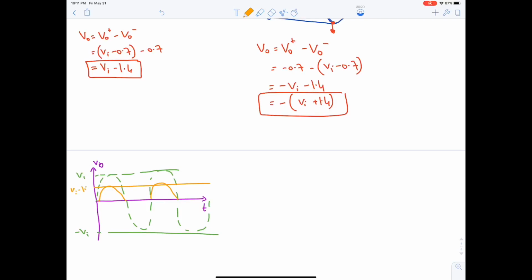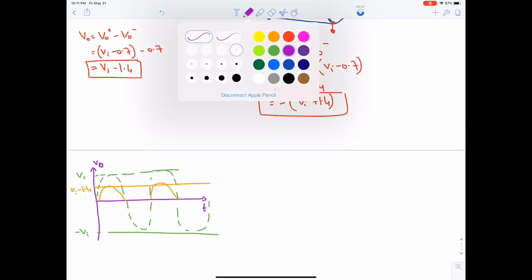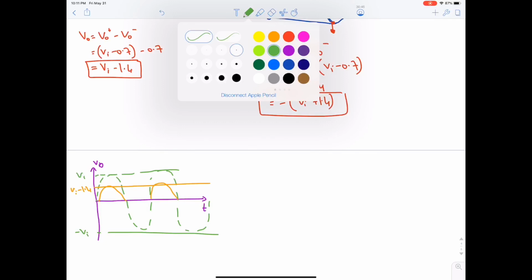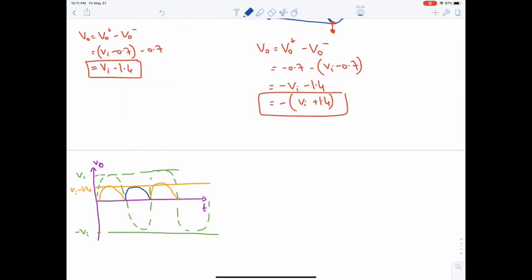Okay, if Vi is negative, then it will be Vi plus 1.4 and then a minus, right? So it will be flipped like this. So the answer in the negative side is, let's pick a color that we did not pick, so it will be like this. Okay, it's very similar to the full wave rectifier, but here in the bridge there are two diodes working at the same time, whereas in the full wave rectifier there's only one diode.